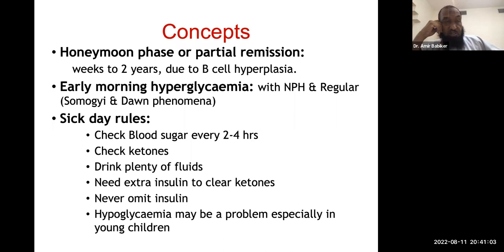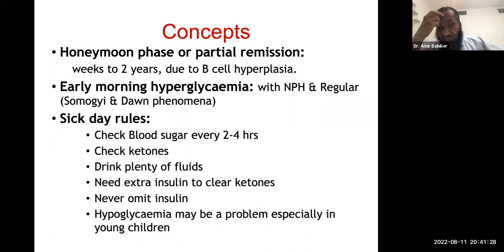Sick day rules: when the patient is sick, they need to be checked frequently for blood sugar, every 2 to 4 hours, and checked for ketones, with plenty of fluids to wash out any ketones, and also to continue having insulin, except for very young patients or those who have diarrhea and vomiting, not keeping anything down.